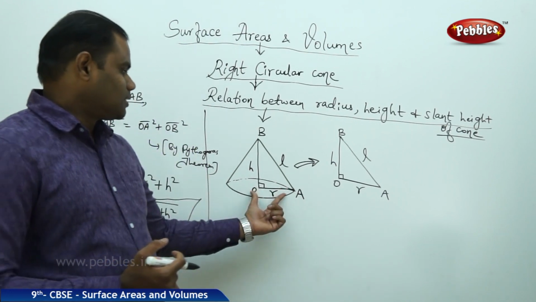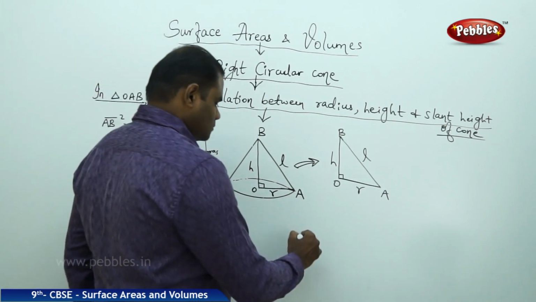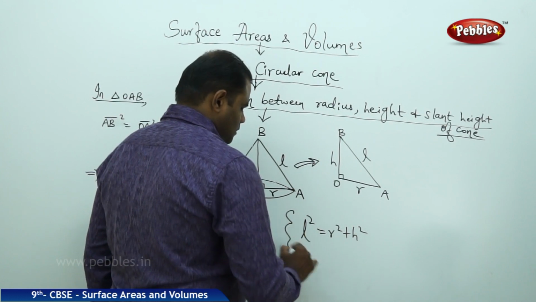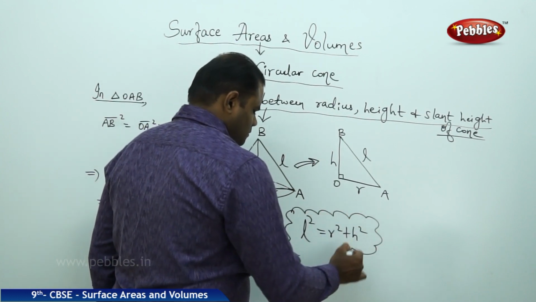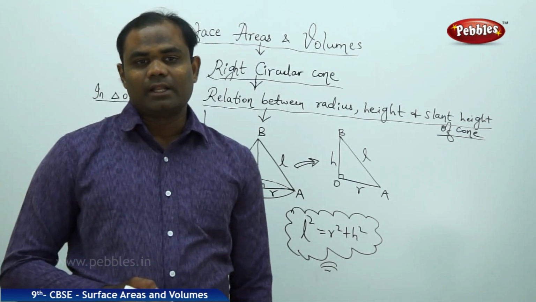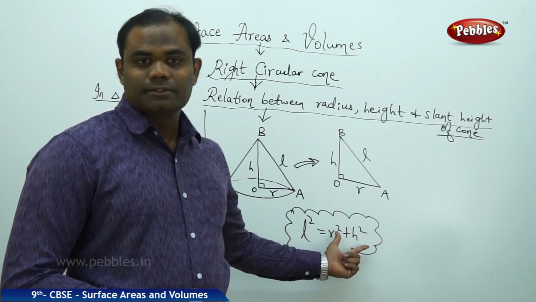The radius, height and slant height of the cone are related by l squared equals r squared plus h squared.